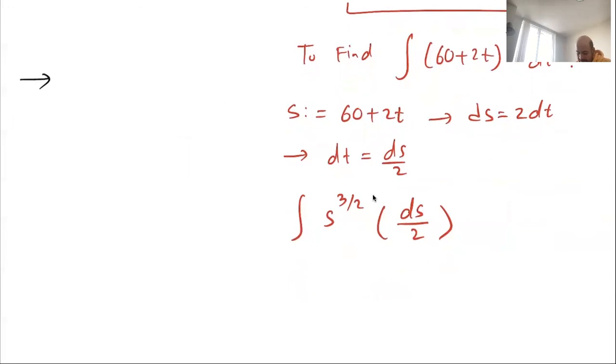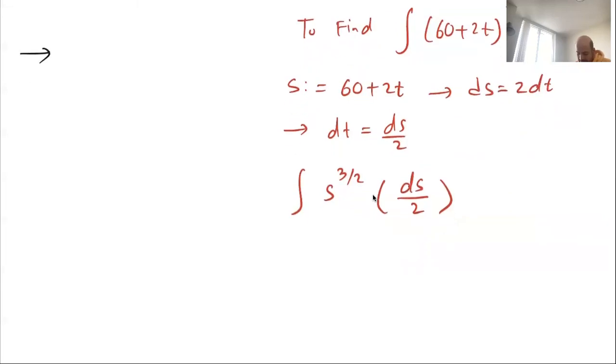And then this will be 1/2 times s^(5/2) divided by 5/2.